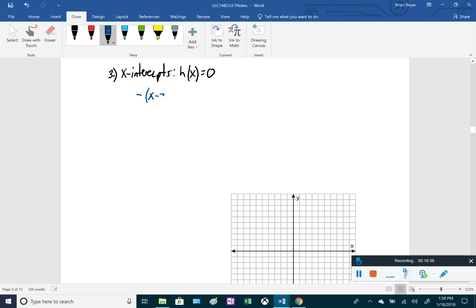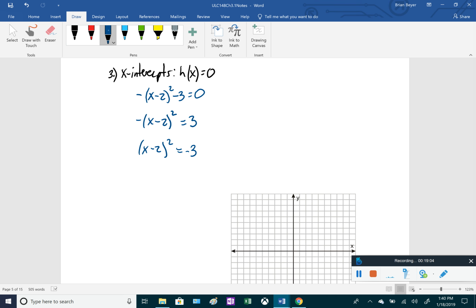So we're setting this whole thing equal to 0. So we're going to add 3 on both sides. And we get this. And then we're going to divide or multiply both sides by a negative 1 to cancel that negative out front. So we get x minus 2 squared equals negative 3.